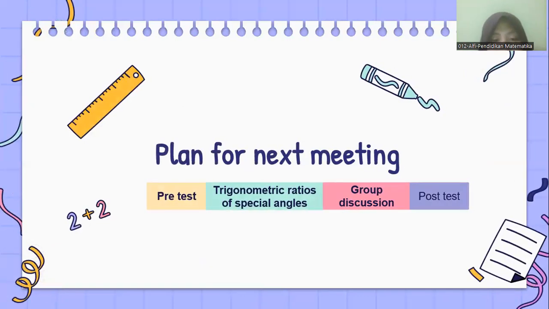Plan for the next meeting: a pretest, then the next material, trigonometric ratios of special angles, and group discussion and post test.